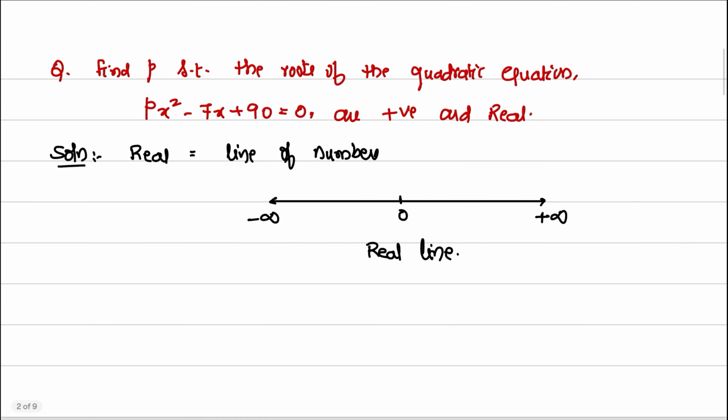We don't know. We are not aware what the roots are. This can be x1, this can be x2, or the first one can be x2 and the second one can be x1. Or they may be equal or they may be distinct. We are not aware. We have to find the range.